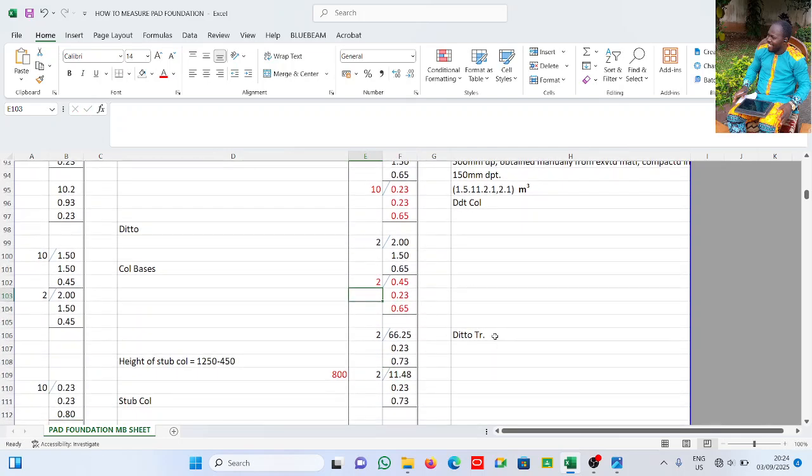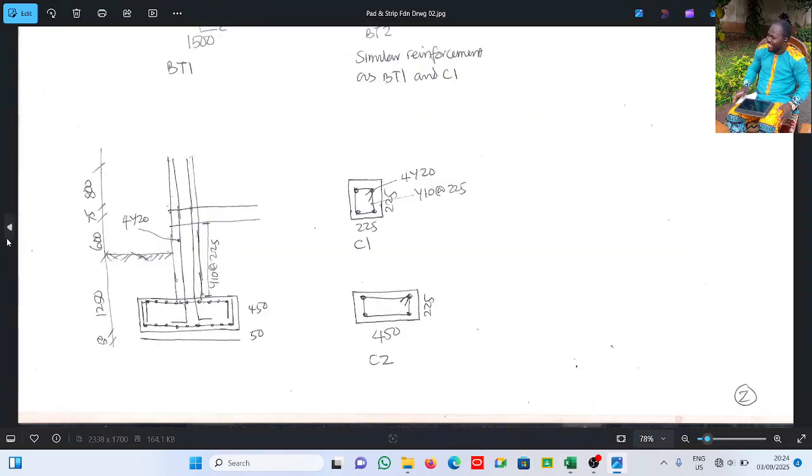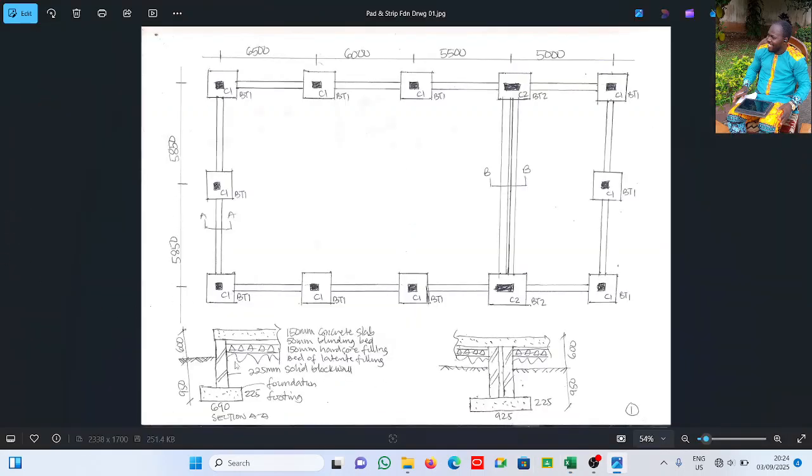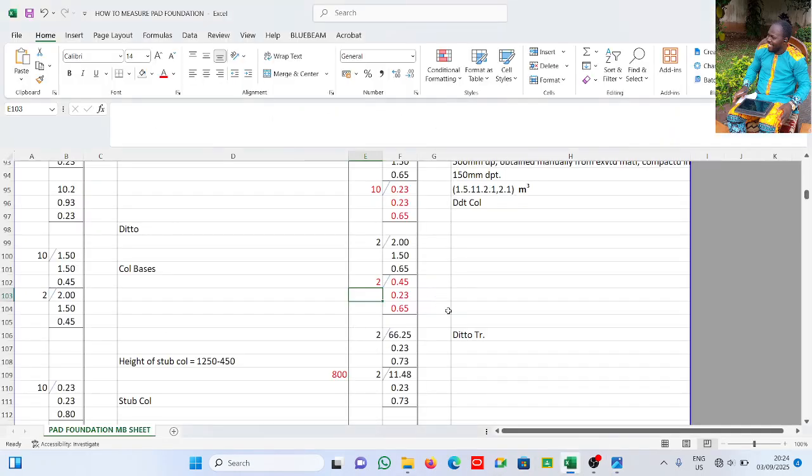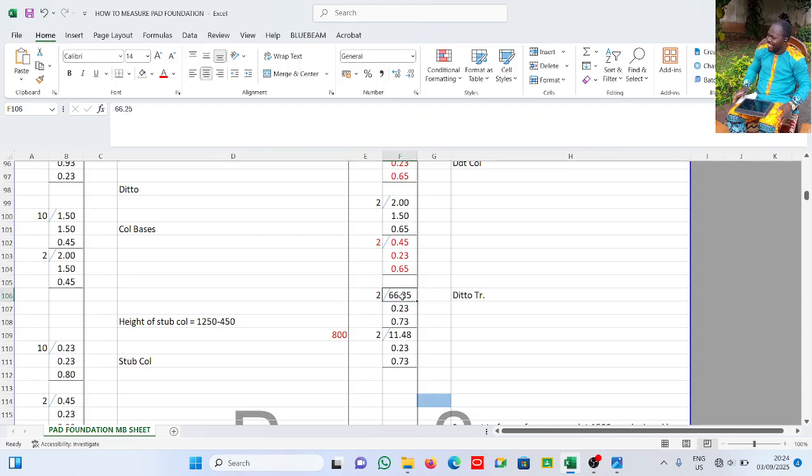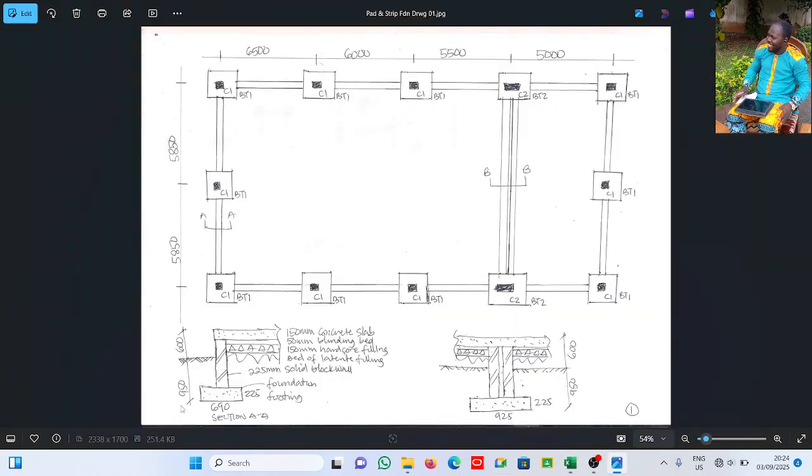Now also we need to do the same thing for the trench. You remember I showed you for the trench? Here we need to fill. We need to backfill here. So all we need to do is 690 minus 225. That will give me 225 for both sides. The same thing goes for this. So this is basically what we have. Let's see what this depth is. Let us get this depth. I think we did that before.